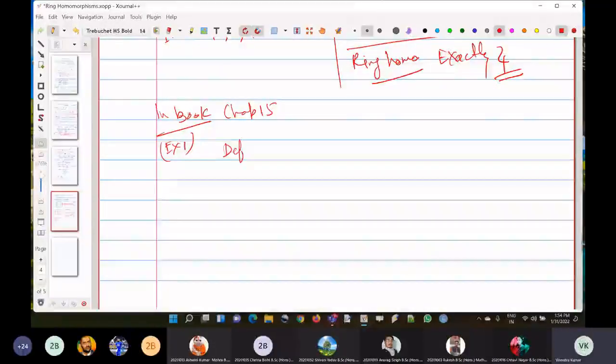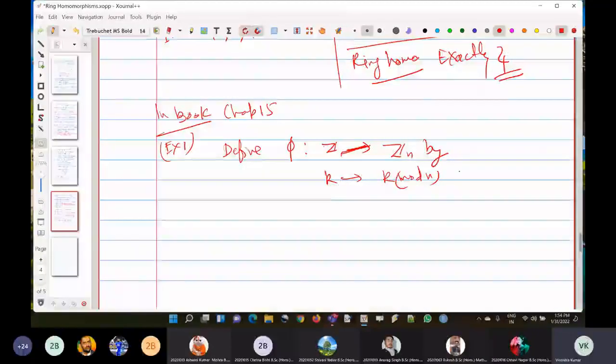define a map phi from Z, the set of integers, to Zn, where some element k is mapped onto k modulo n. This is a ring homomorphism.